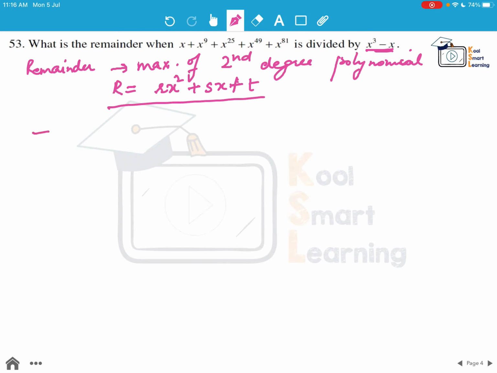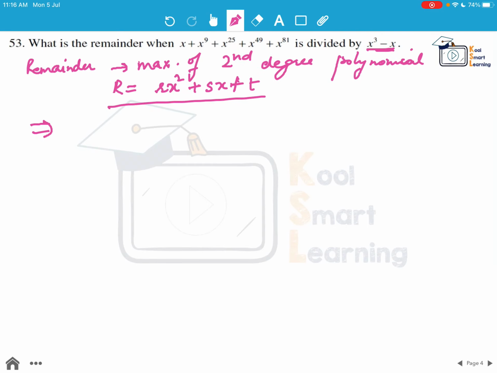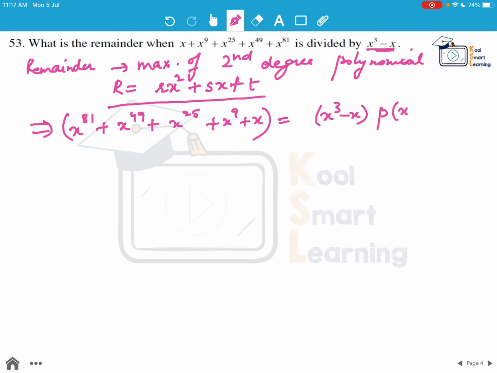Now this implies, if this is the remainder, that the given expression, let's write it down from higher power to the lower one, we write this as this. Now this can be written as x cube minus x into some polynomial px plus this remainder, which is rx square plus sx plus t.